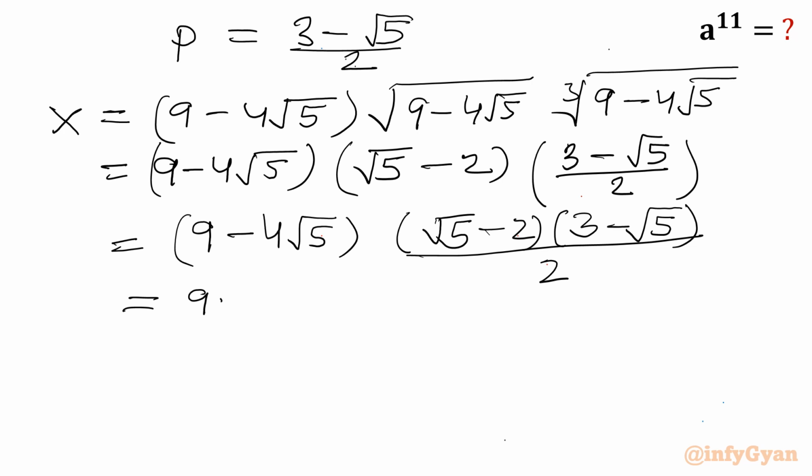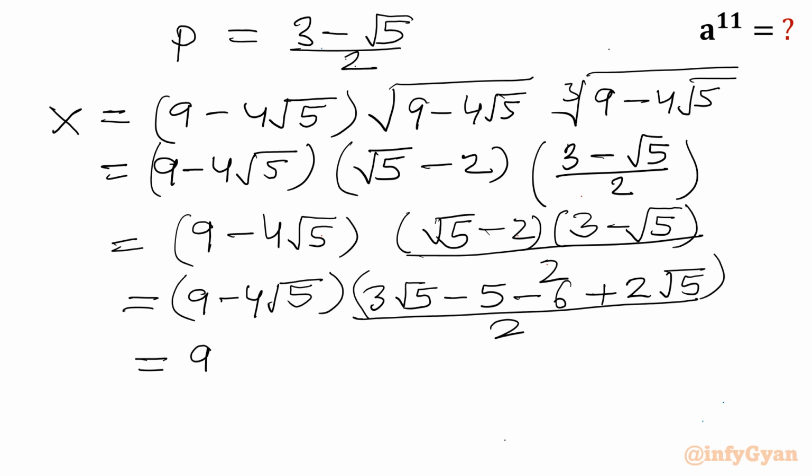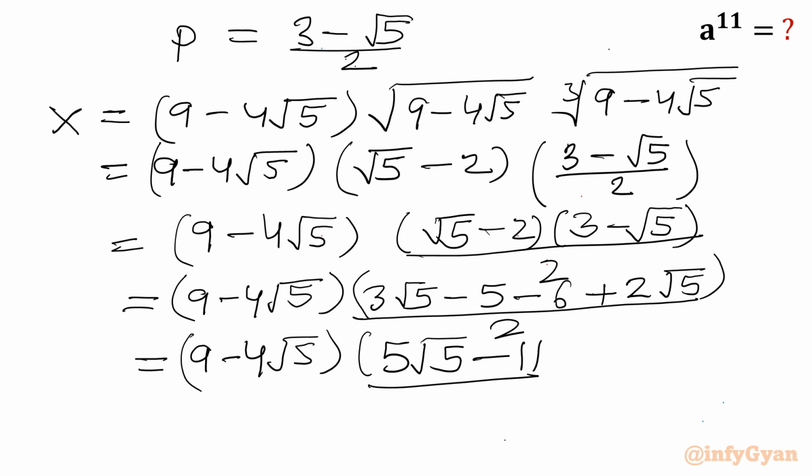So I can write 9 minus 4 root 5 times, let's multiply, and the denominator will be 2. 3 root 5, then minus 5, then minus 6, then plus 2 root 5. So I can write 9 minus 4 root 5 times 3 root 5 plus 2 root 5, 5 root 5, minus 11 divided by 2.